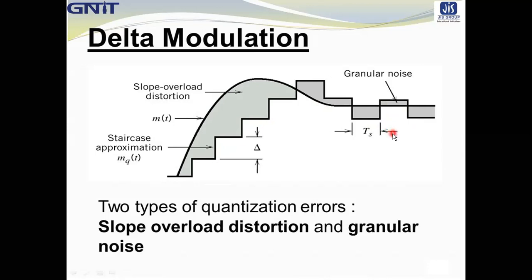So to overcome these two errors, the step size should be large when the slope of the input signal is high, and the step size should be small when the slope of the input signal is low. That is why adaptive delta modulation comes.